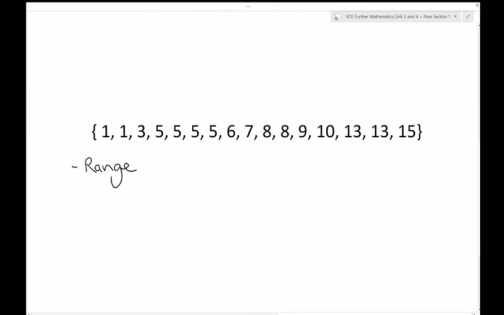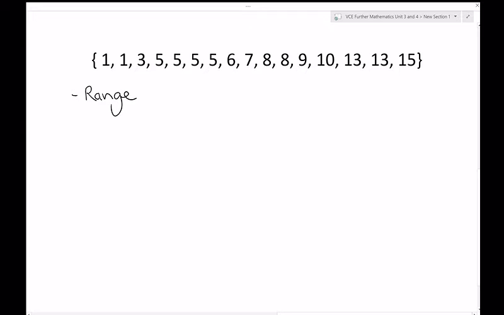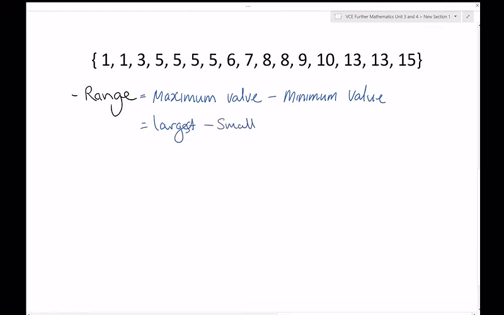And finally, we come to the range. Now, the range is not difficult either. All the range is the maximum value minus the minimum value, which is the same as saying largest minus the smallest.